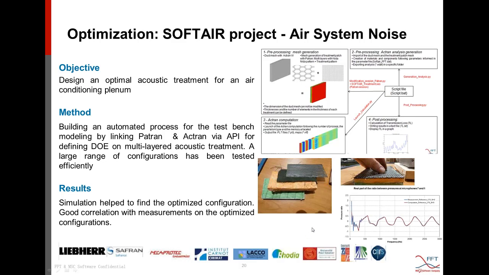And finally, we found the optimized configuration of this multi-layer acoustic treatment, and it turns out that the numerical prediction of that optimized design correlates very well with the measurement of that specific design experiment.